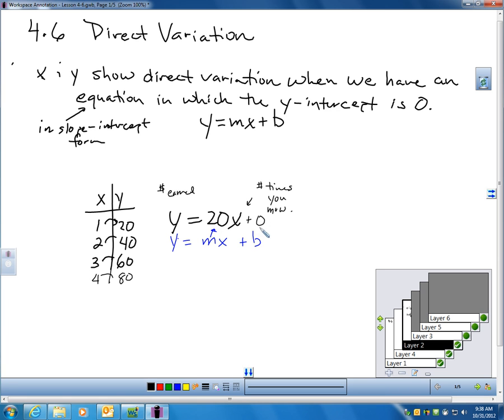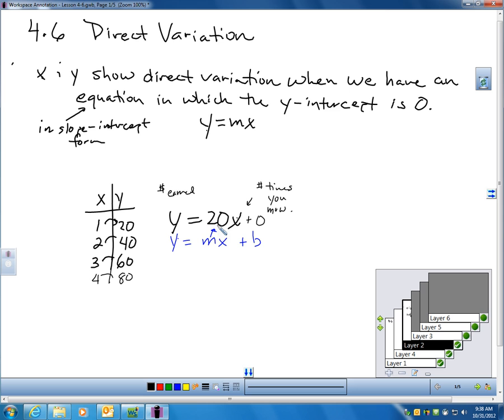I'm not getting a tip. Mr. Lemansky's going to give me $20 every time I mow the lawn, but there's not any extra money coming for something else. This situation would be direct variation. So when the y-intercept is 0, in other words, the b value is 0, which means you actually wouldn't even see it, this is what an equation looks like when we have direct variation.